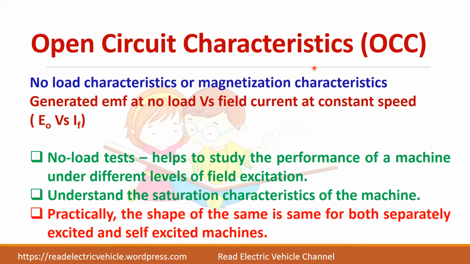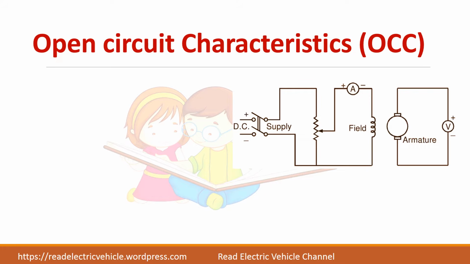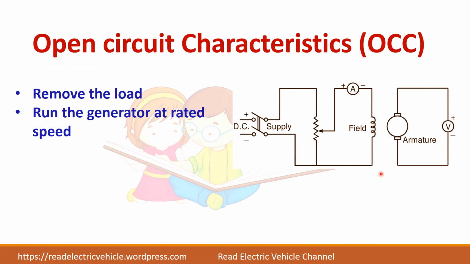Practically, this OCC characteristics will be same, that is, the shape will be same for both separately excited and self-excited machines. Now let us do this experiment to find the open circuit characteristics. See here, the load is removed, only armature is connected across the voltmeter, and here you have a field rheostat to vary the field current.